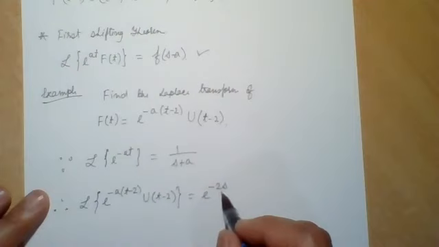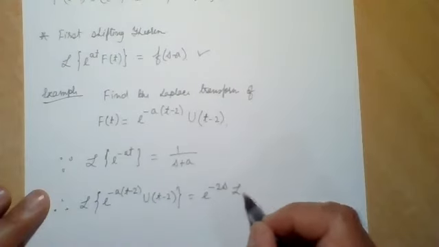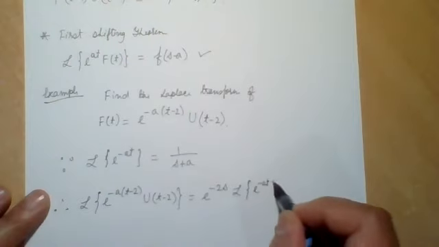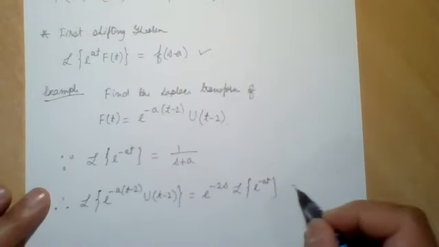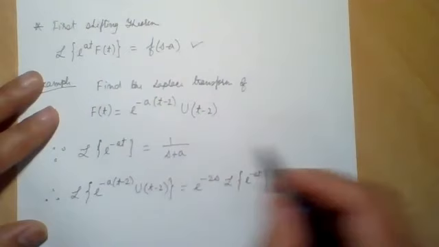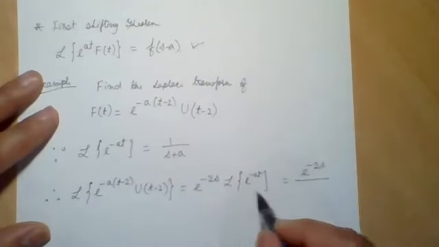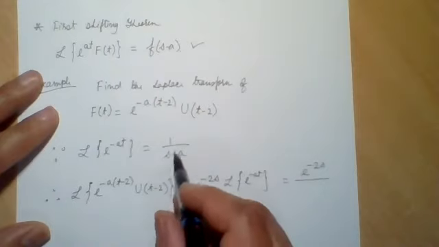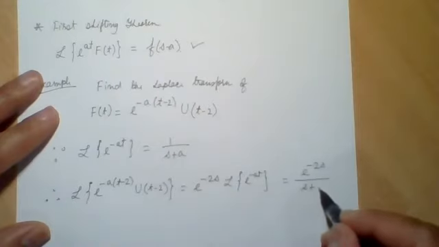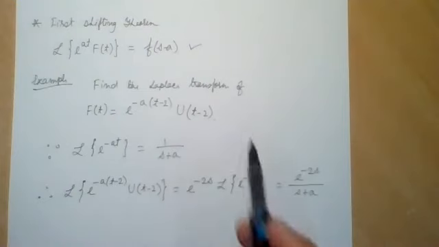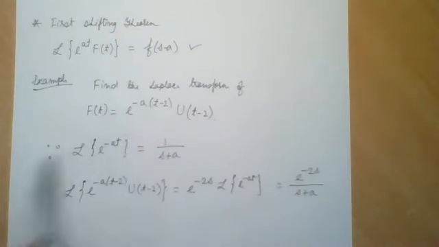That 2 should be the coefficient of s, times the Laplace transform of e to the power minus at, which is 1 by s plus a. So e to the power minus twice s divided by s plus a. This is the final answer, the required answer for the Laplace transform of this given function.